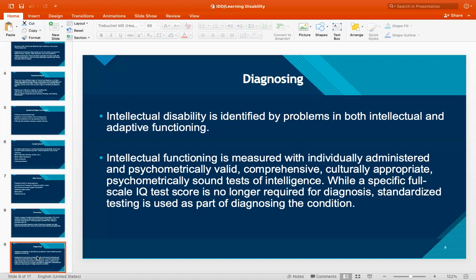So if a child's going to be diagnosed with autism, or diagnosed with IDD, intellectual developmental disability, or even diagnosed with pervasive, what's the other one called, pervasive developmental disorder, different things of that nature. Then there are other tests that can go along with getting the diagnosis and kind of being a little bit more on point.